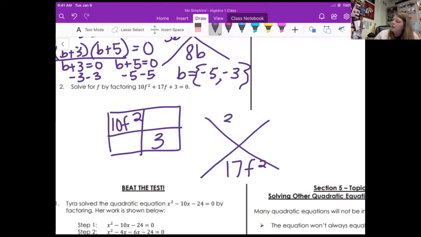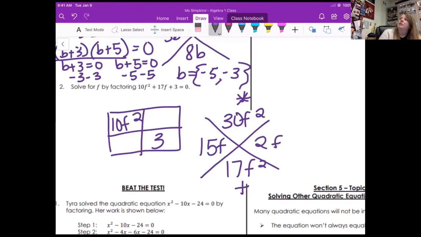30f squared. What two numbers multiply to get 30, but add to get 17? 15f and 2f. So that's what we're going to fill in the other two empty boxes. So let's take the greatest common factor of that first row. So 10 and 15.